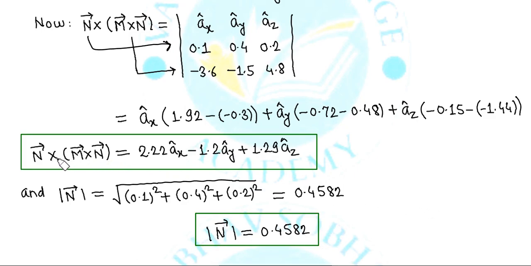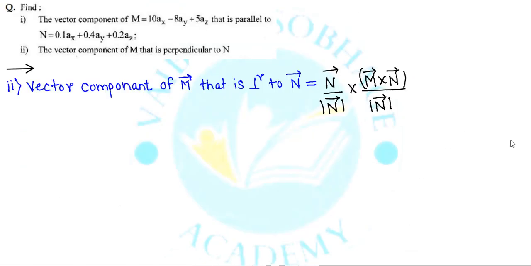We are going to use n cross m cross n divided by this n cap. Now, as said earlier, the vector component of one vector onto another vector is given by the cross product with the unit vector of the second vector, multiplied by this one. So we have those values and we are going to put them in.